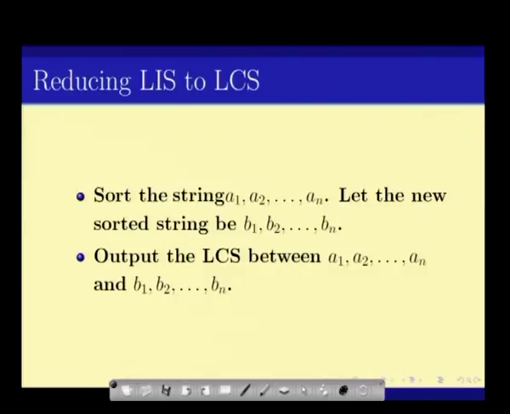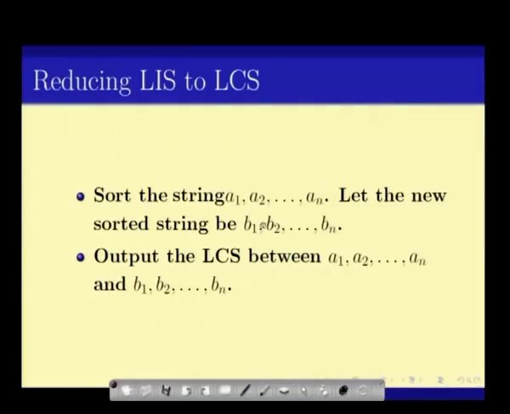Any common subsequence of A1 to An and B1 to Bn must be increasing, because it is a subsequence of B1 to Bn, which is sorted. So, the output is at least an increasing subsequence of A1 to An. And why is it longest?